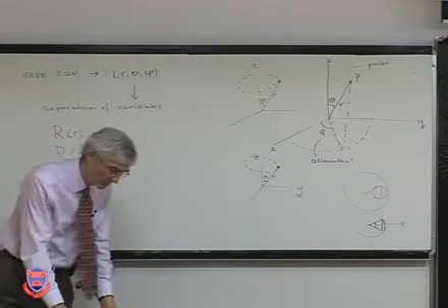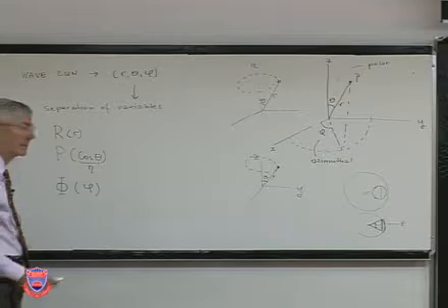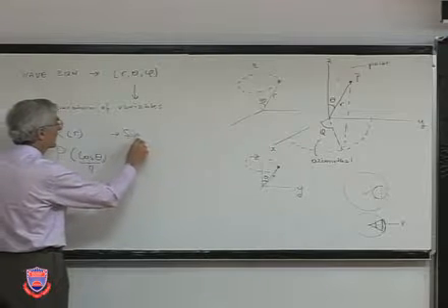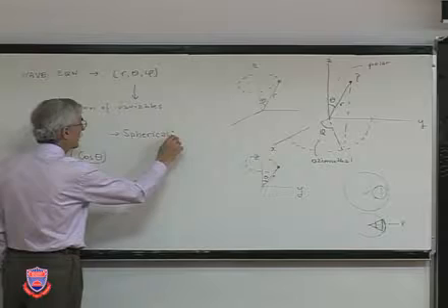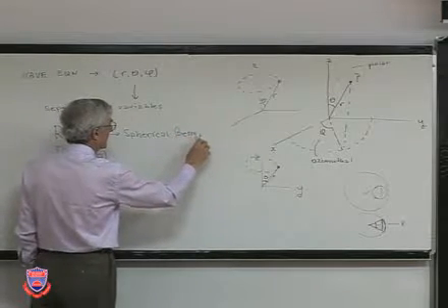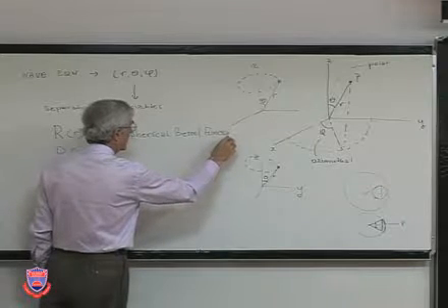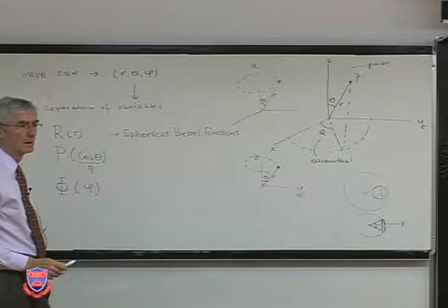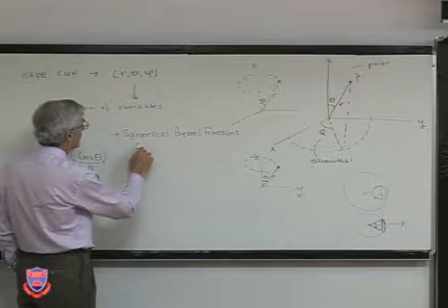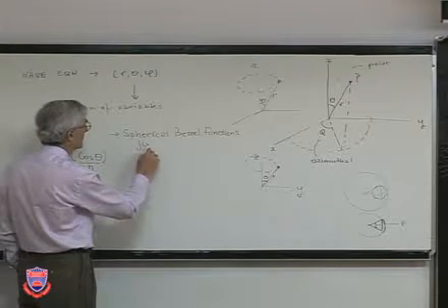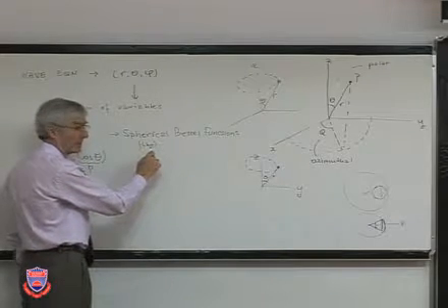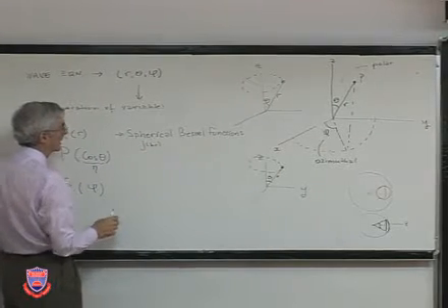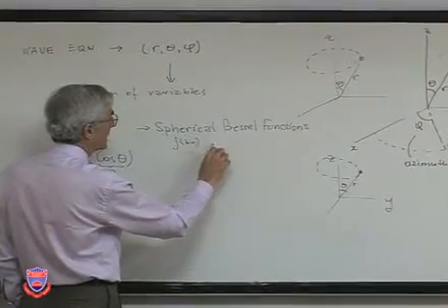For each one of these, we have solutions. We haven't come to that yet, but this will give us spherical Bessel functions in terms of the standing waves, usually always with non-dimensional argument kr, wave number times the radial distance, and Neumann functions.